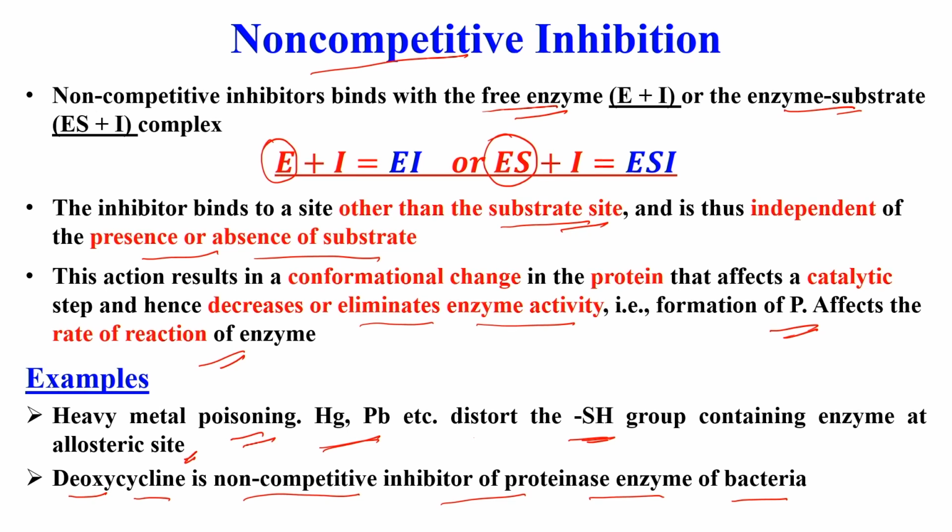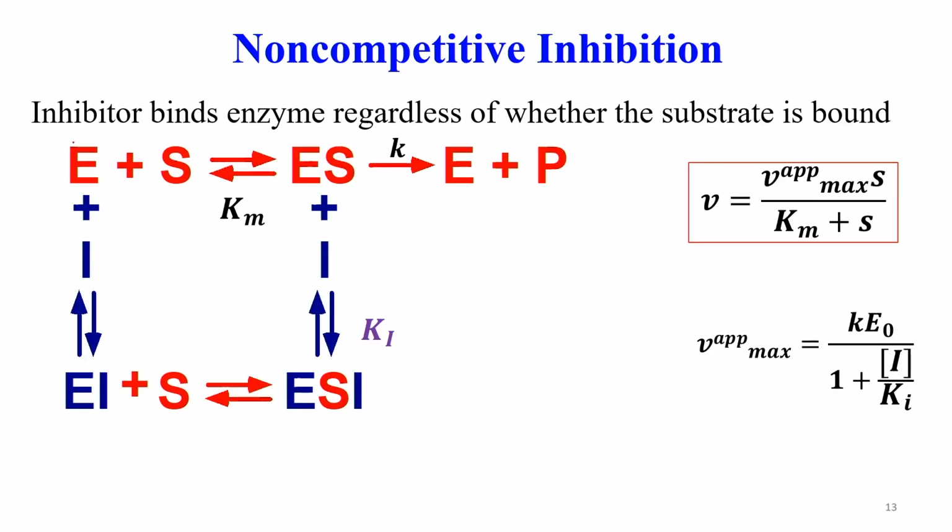So, when we say non-competitive, it means it is not binding to the active site, but it can bind to both the enzyme and the enzyme substrate complex. And as it is binding to both, it is going to affect V max, the rate of reaction. So, basically the rate of reaction will be decreased. If you remember, V max is defined as K catalytic into E naught, and in the presence of inhibitor it becomes V max apparent.